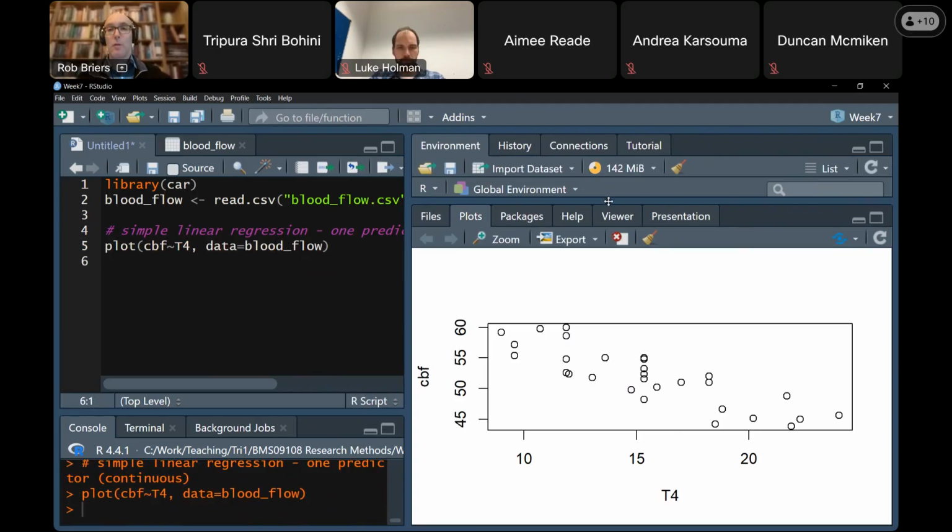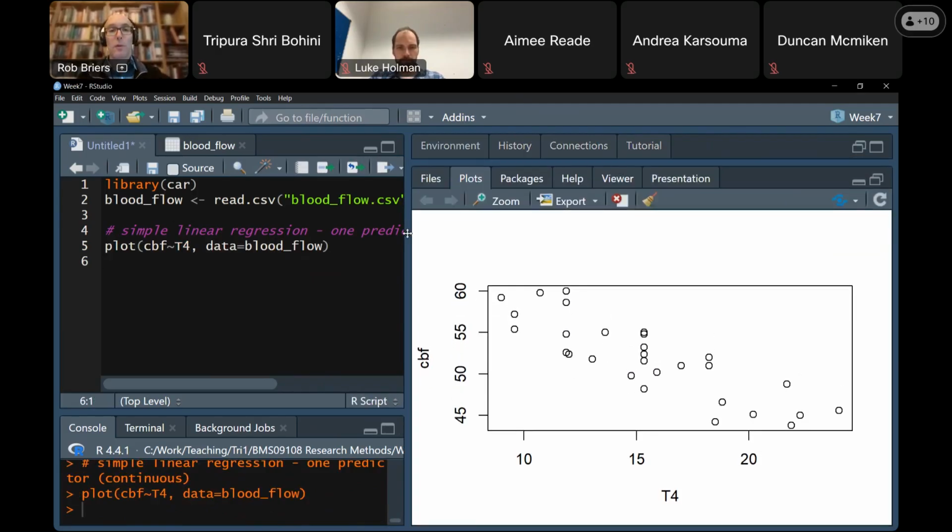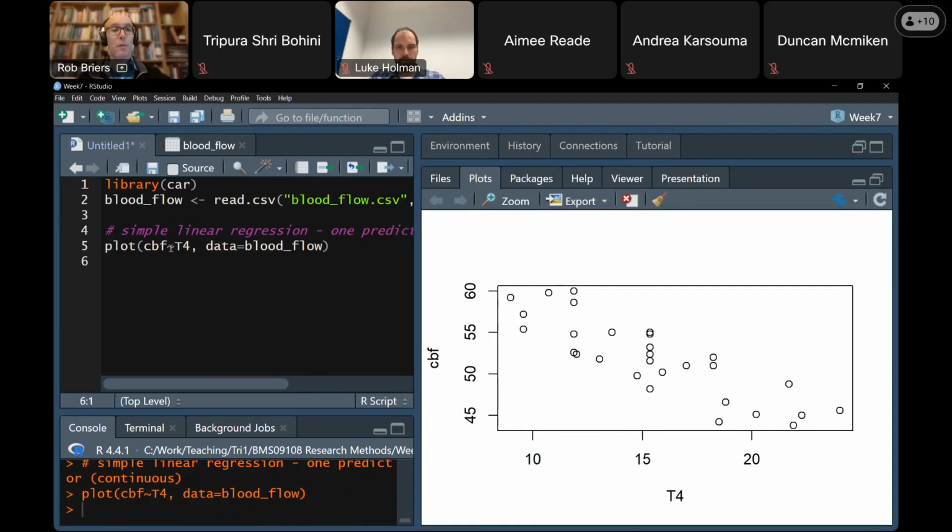Here we've got a scatter plot, because the variable on the right hand side of the squiggle is continuous. If that was a categorical variable, we'd end up with a box plot. T4 is our predictor, on the X, and our response, the cerebral blood flow, is on the Y. We can see there looks like some kind of relationship.